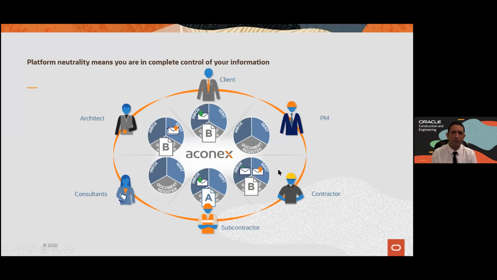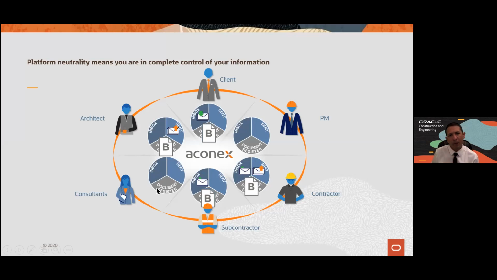And so in this case, assuming that the contractor is happy with the information that has been sent across, he will then update the subcontractor with the correct document. And so now the subcontractor has the most up-to-date document. So what you see now is everyone has the correct document. There's a proper audit trail. And the people who are not shared or not included in the correspondence will not have any access to this information.